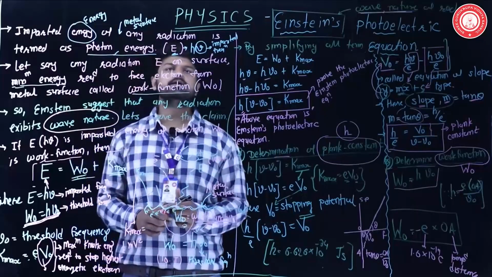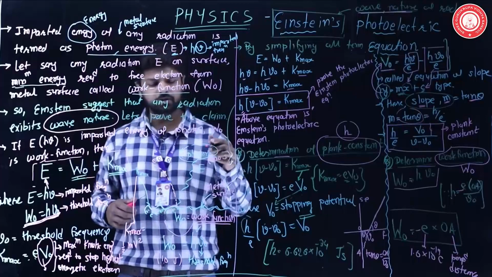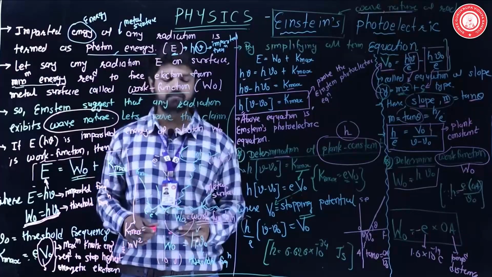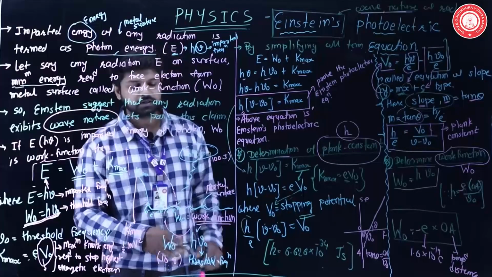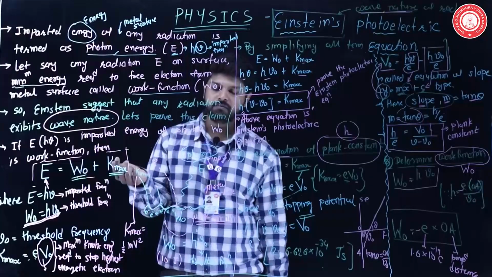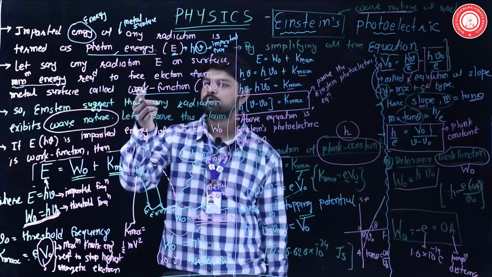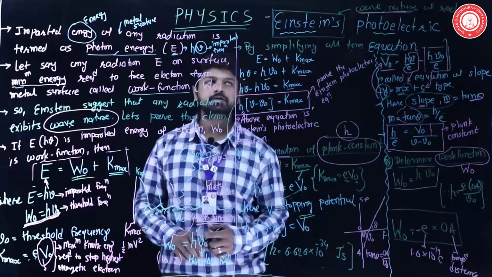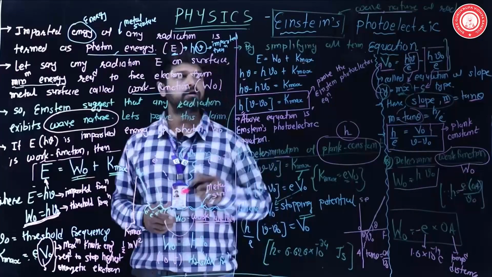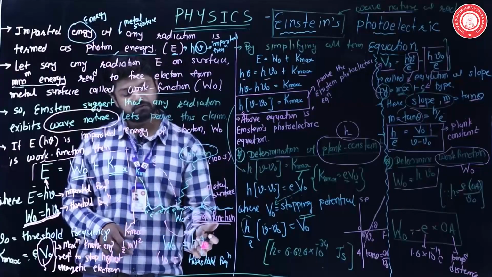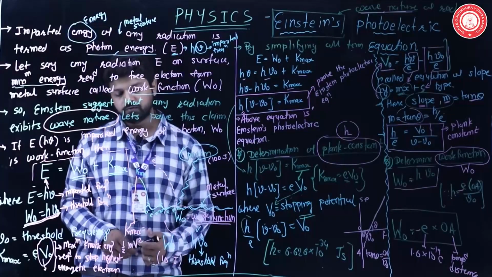So I would like to give you some repetition over here. Any energy of photon imparted on a metal surface: the first electron which emits from this metal surface needs minimum energy, the work function W0. Now Einstein suggests the wave nature, h ν0, where ν0 is my threshold frequency.